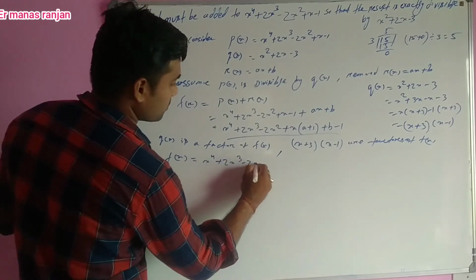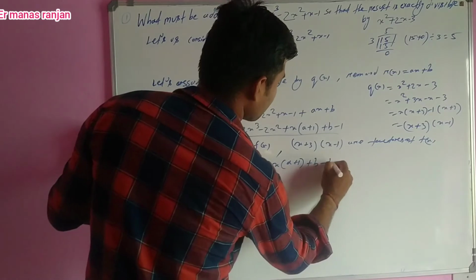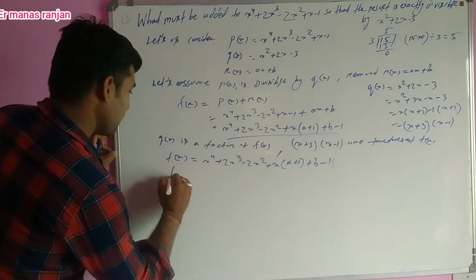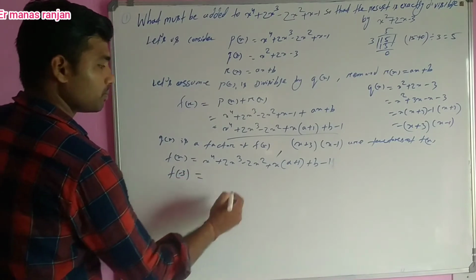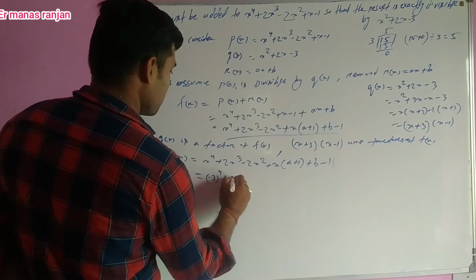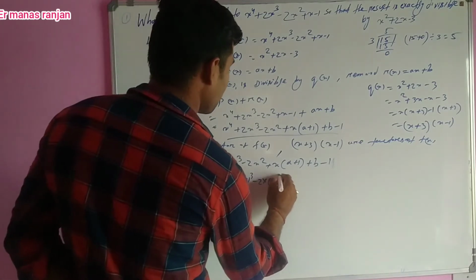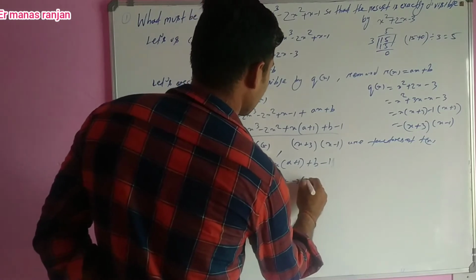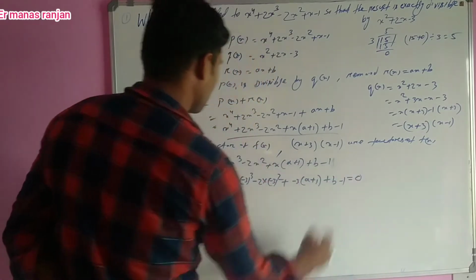If they are factors of F(x), where F(x) = (x⁴ + 2x³ − 2x² + x)(a + 1) + b − 1, then F(−3) will be 0. That implies (−3)⁴ + 2(−3)³ − 2(−3)² + (−3)(a + 1) + b − 1 = 0.